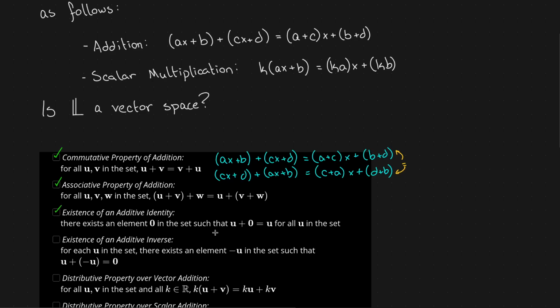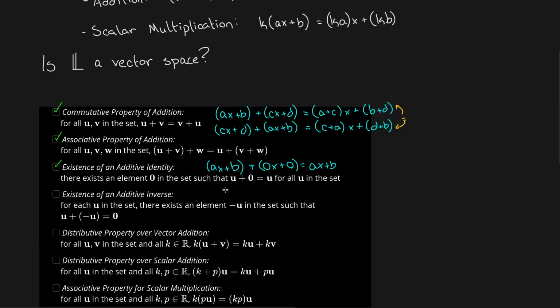Yes, there is. Specifically, if I have any vector ax plus b, and I add 0x plus 0, then we know we will get ax plus b back. Okay, so that checks out. What about an additive inverse? Yep, that checks out too. If I take ax plus b and then add negative ax minus b, that'll give me the 0 vector, the 0 element. Okay?